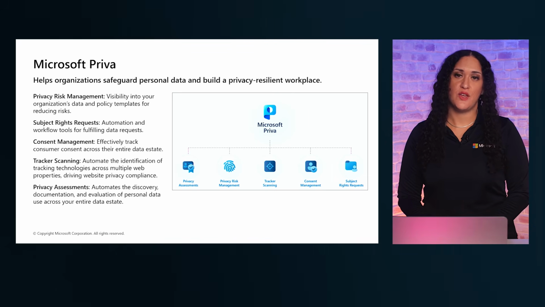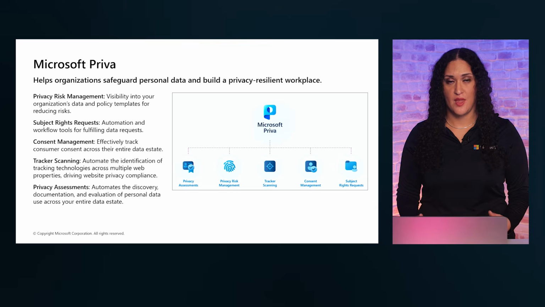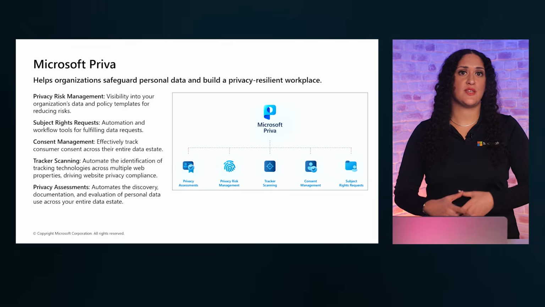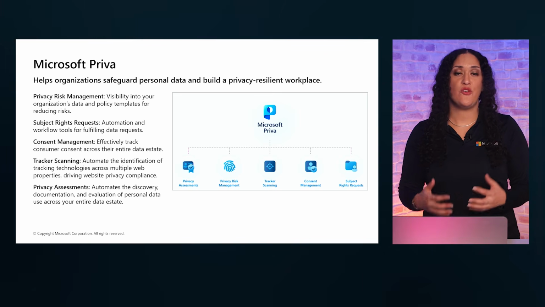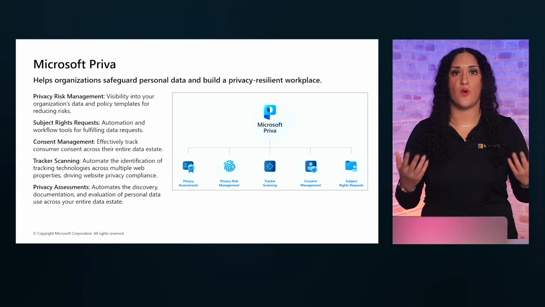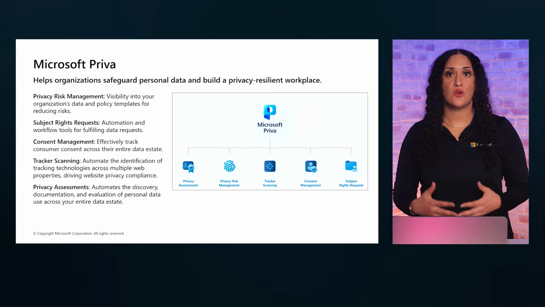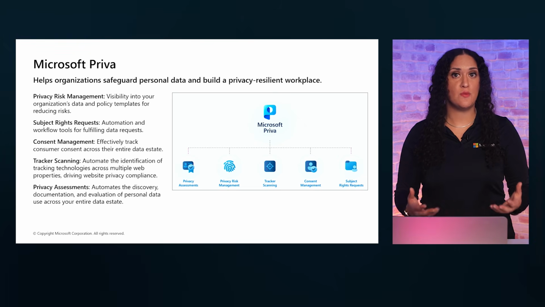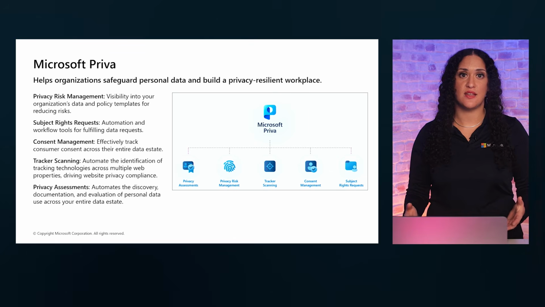Microsoft Priva is especially valuable for organizations that face growing privacy regulations and increasing customer expectations around data protection. Use cases can include, for example, helping employees follow good data handling practices, efficiently responding to subject rights requests like access or deletion requests, managing consumer consent across digital properties, and scanning websites for tracking technologies that could impact compliance.